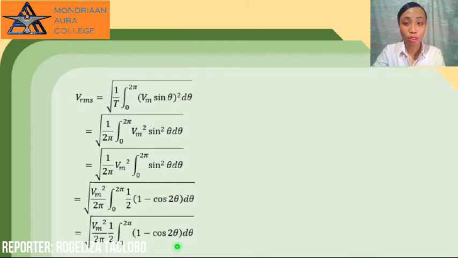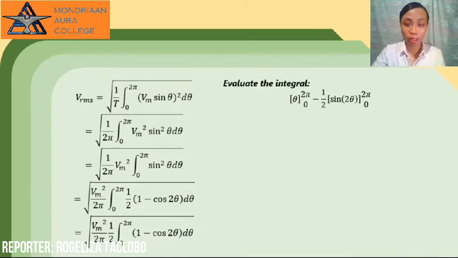So, itong 1 minus cosine 2 theta, pwede naman natin siyang i-evaluate ng hiwalay para madali. Itong 1, ang integral lang ng 1 d theta ay theta. At ang integral lang ng cosine 2 theta ay sine 2 theta over 2 or 1/2 sine 2 theta. So, na-integrate na natin sila.